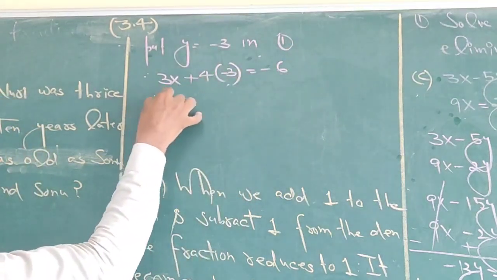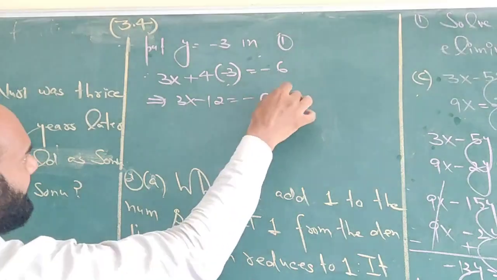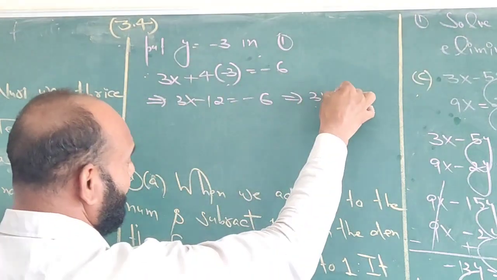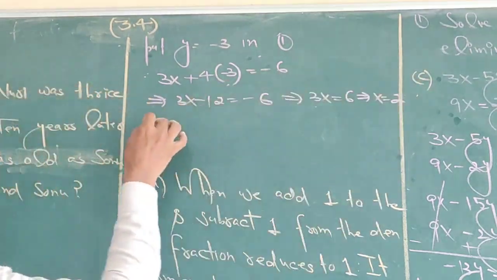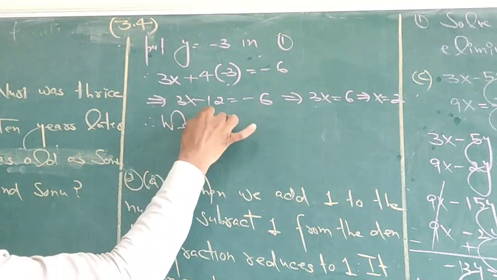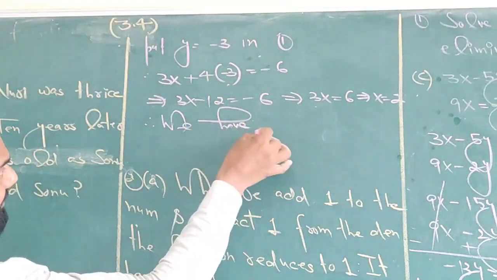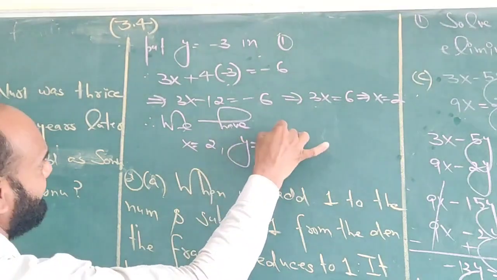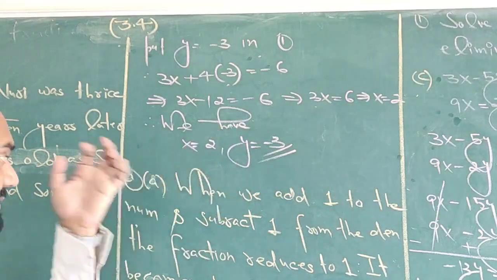So this implies 3x minus 12 is equal to minus 6. This implies 3x is equal to minus 6 plus 12, this is 6. Therefore x equal to 2. So we have the value of x and y. We have x equal to 2 and y equal to minus 3. So by solving these two equations, we get x equal to 2 and y equal to minus 3.